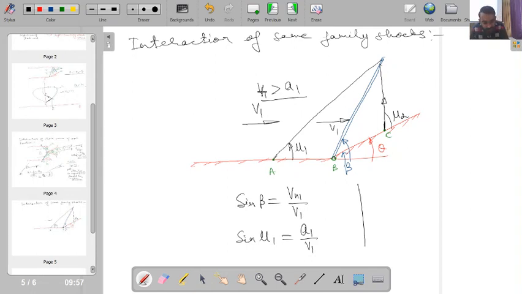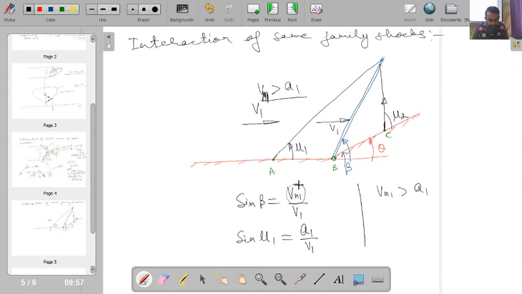So my Vn1 in this region has to be greater than a1 for the occurrence of a shock wave over here. As Vn1 should be greater than a1, this gives Vn1 by V1 magnitude larger than a1 by V1 magnitude.